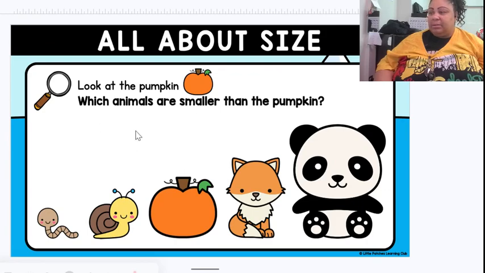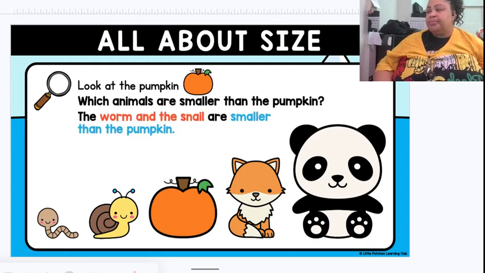Look at the pumpkin. Which animals are smaller than the pumpkin? The worm and the snail are smaller than the pumpkin.